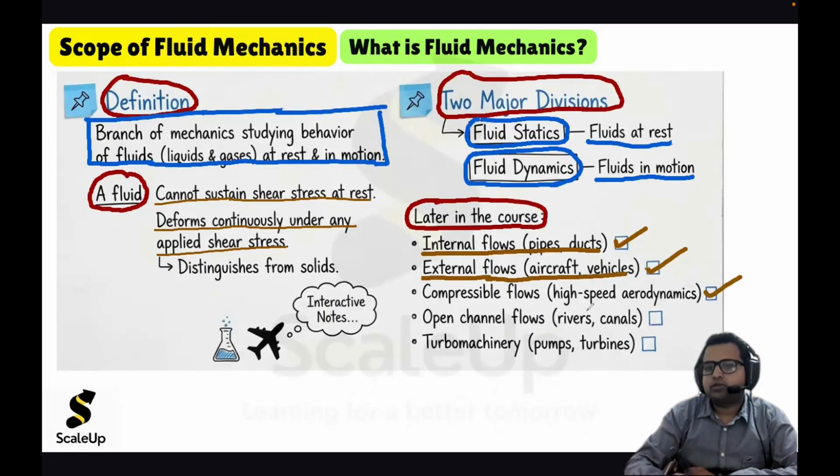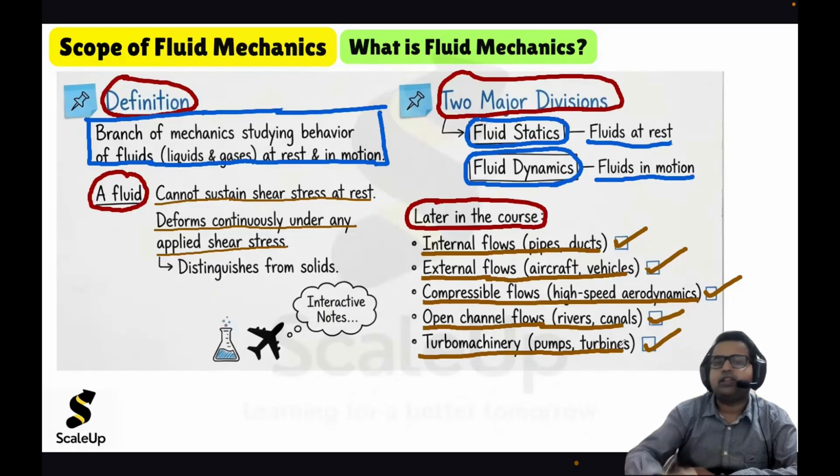Compressible flows and high speed aerodynamics, open channel flows across rivers and canals, and turbomachinery, like pumps and turbines. All this we will cover in this course itself, as further extensions of fluid mechanics.